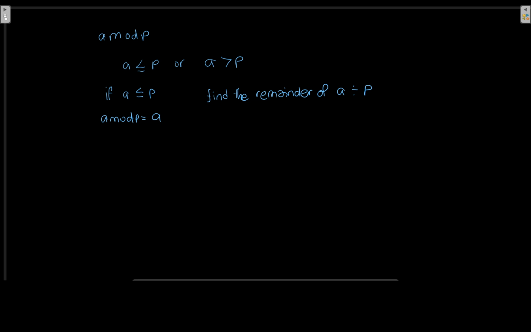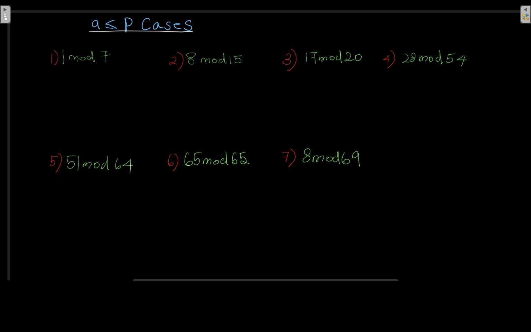Now let's solve some questions. In this question, the value of A is 1 and the value of P is 7. A is lesser than P, so the answer is simply 1.